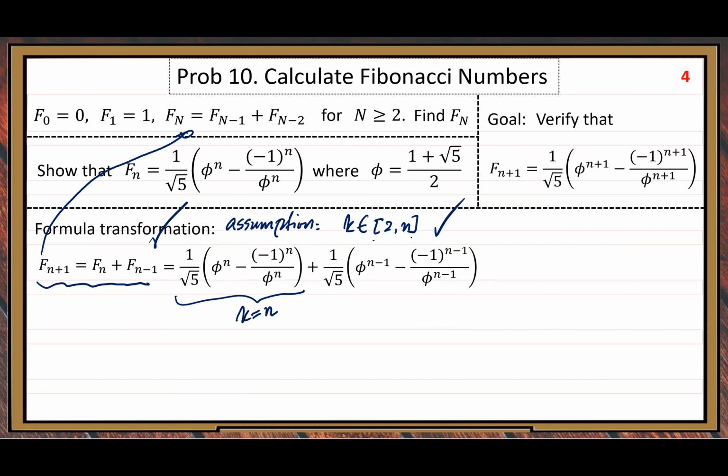That's in the interval, right? So we can use it. For the second one, we take k equals n minus 1. That's also in that interval, right? So we can also apply that induction assumption formula.